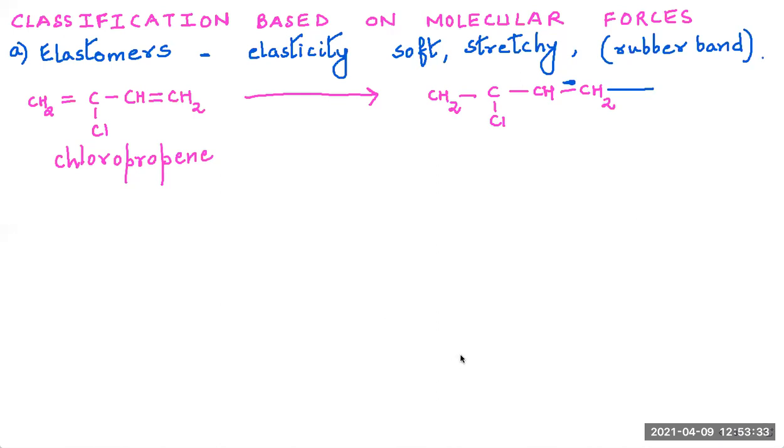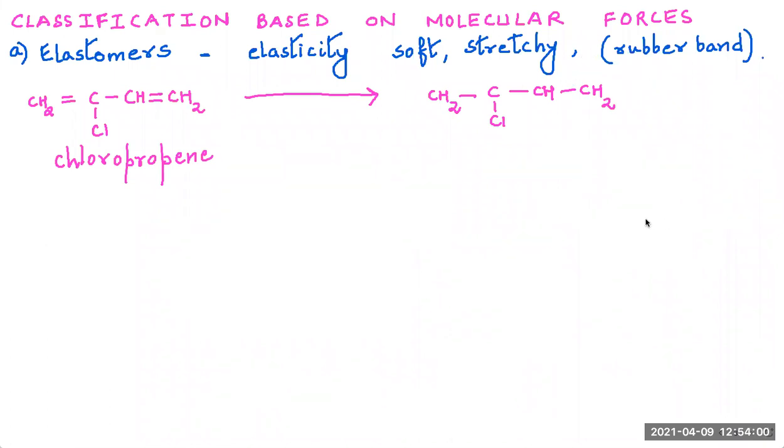And again, the bond which broke has how many electrons? 2. One comes here and one electron goes on the carbon. So again, I'm showing you something because this will not come here. This part you have to understand very clearly.